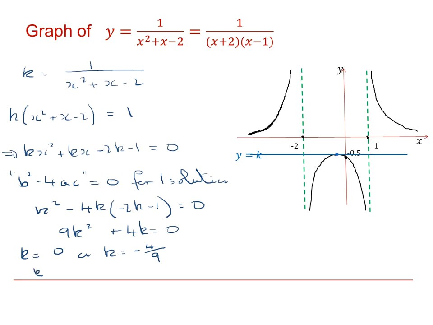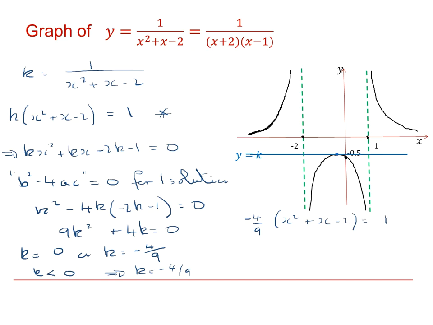So k less than 0, that means our value of k is negative 4 over 9. So the y value at the maximum point is negative 4 over 9. We can now substitute that into our initial equation, into this one up here, and therefore we get that negative 4 over 9 multiplied by (x squared plus x minus 2) is equal to 1.